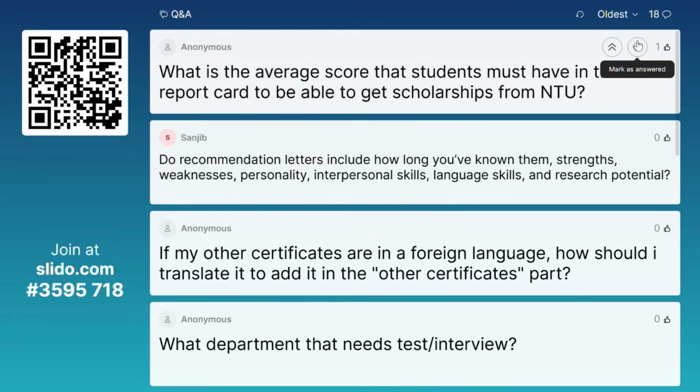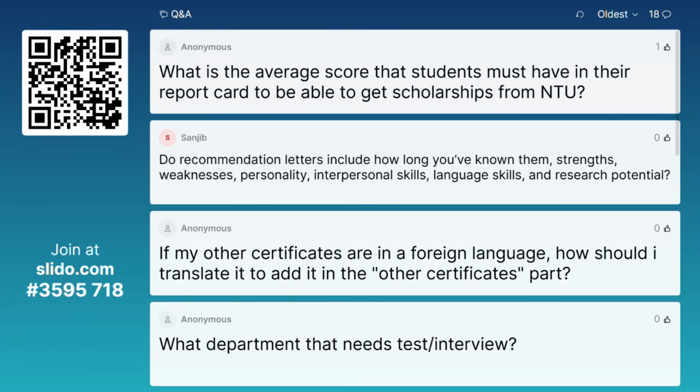What is the average score that students must have in their report card to be able to get a scholarship from NTU? I think because we have just covered how to apply for a scholarship, right? If you apply for a scholarship, all the things together will be considered for the scholarship decision. It doesn't have a minimum score.